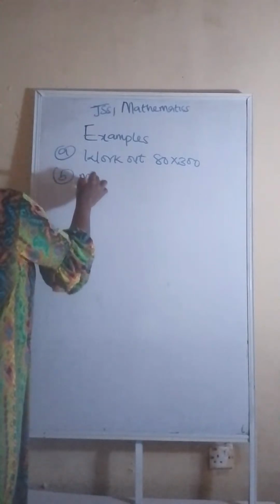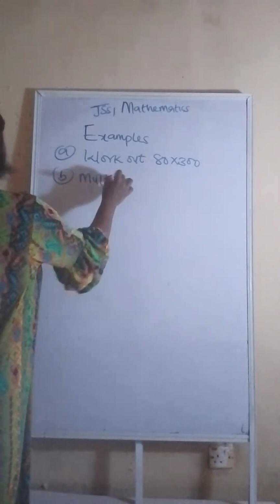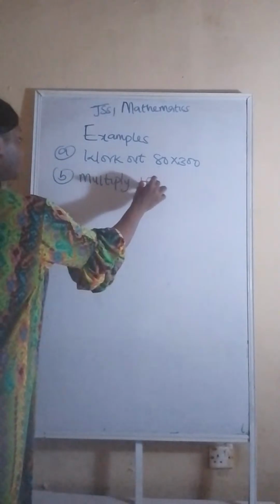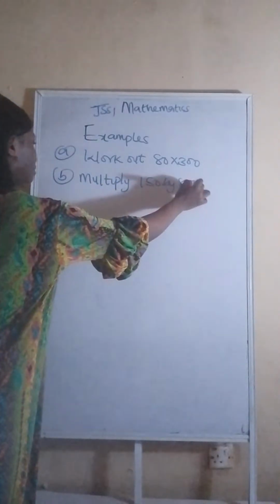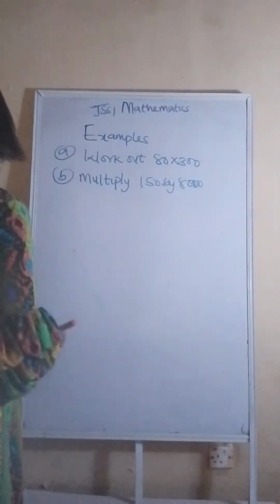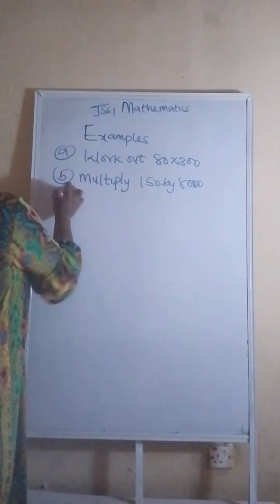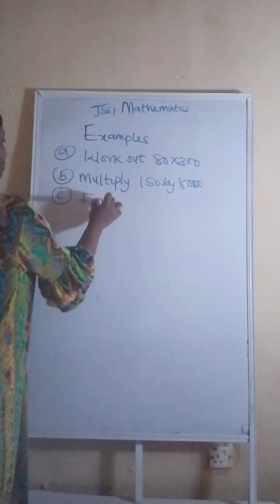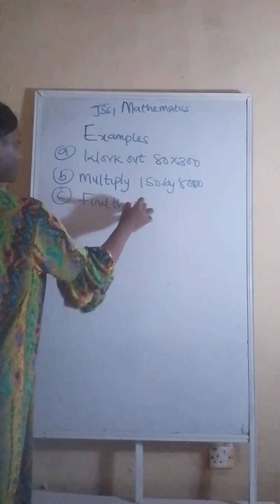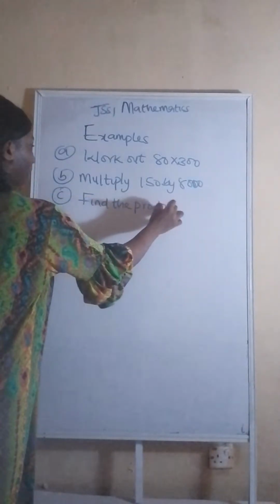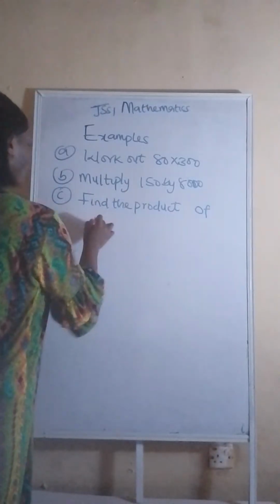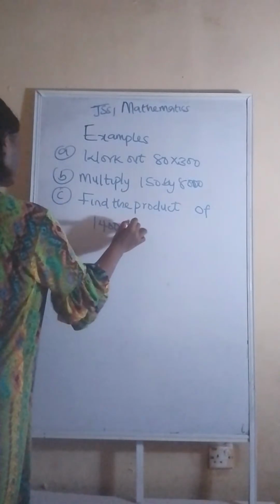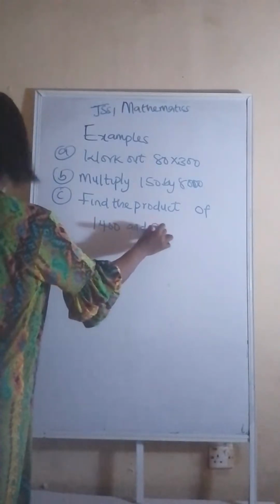Then they should multiply 150 by 8,000. And finally, they said find the product of 1,400 and 9,000.